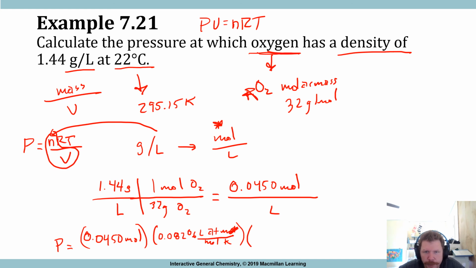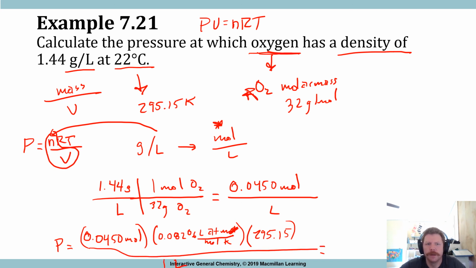Multiply that by my temperature, which is 295.15. What's my volume? Well, my volume is simply 1 liter. So 0.0450 times 0.08206 times 295.15 divided by 1, and I get 1.09 atmospheres.